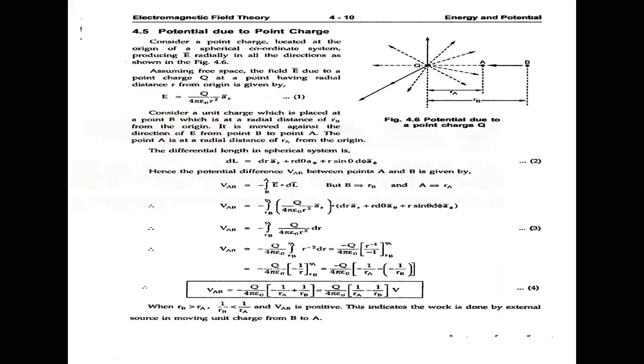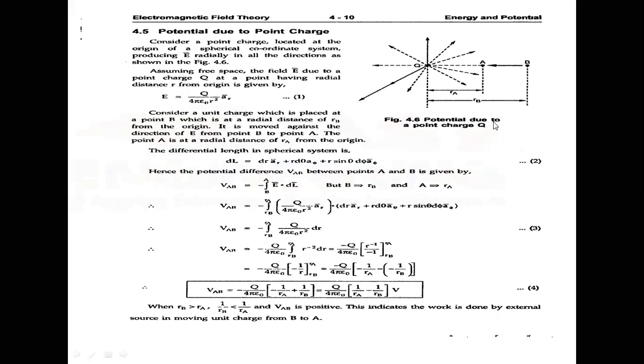Now, the potential due to a point charge. See, there is a positive charge Q already there. The electric flux lines are generated radially and terminate at infinity or at a negative charge.